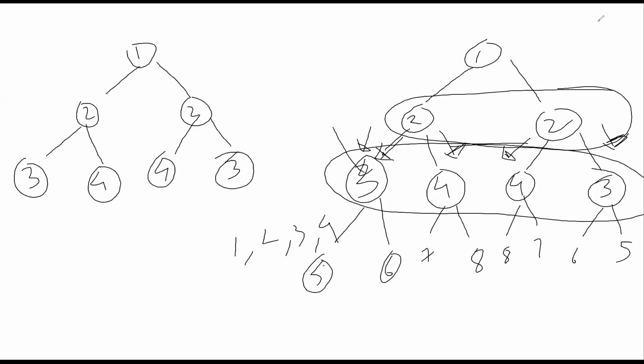The last 2 ends or the first 2? The 3 on the left side and 3 on the right side. And now the next one will compare the 5 on the last level, left side, and the 5 on the right side.